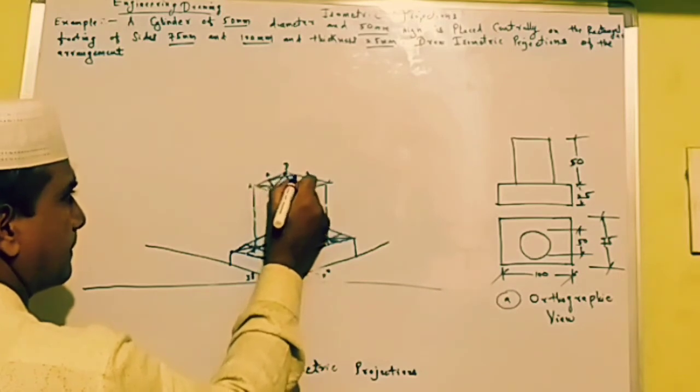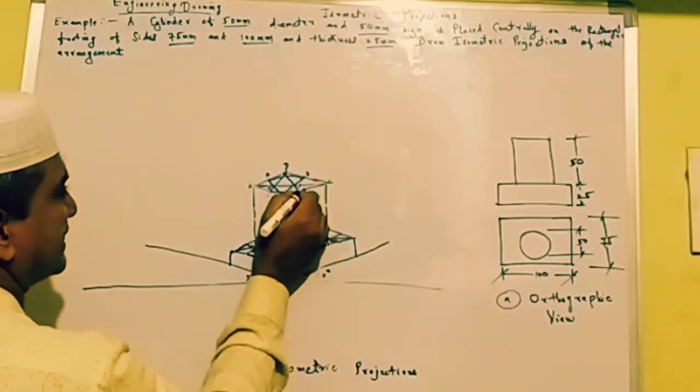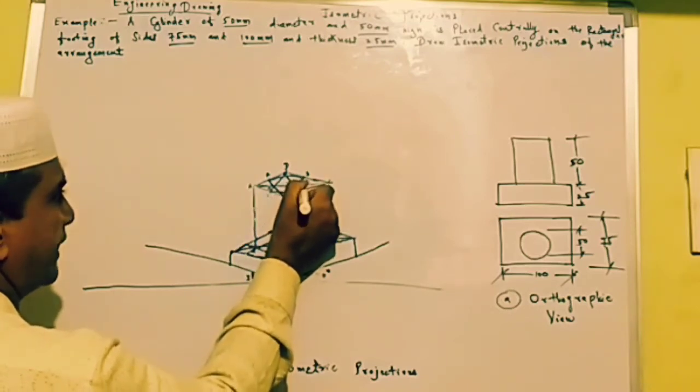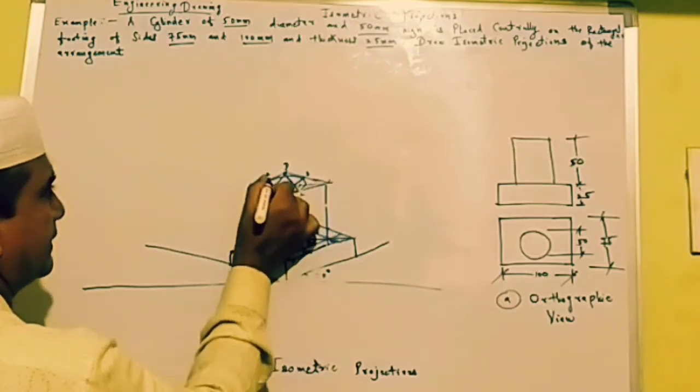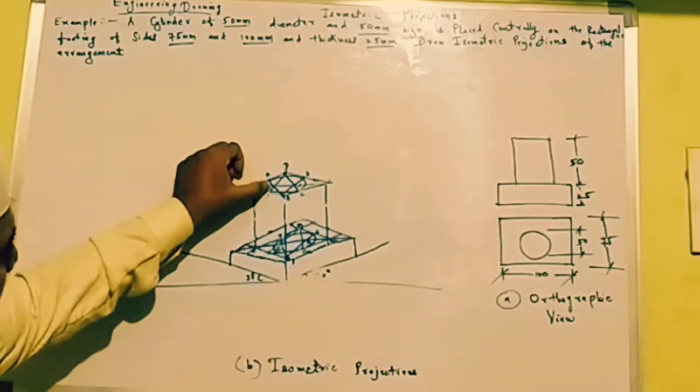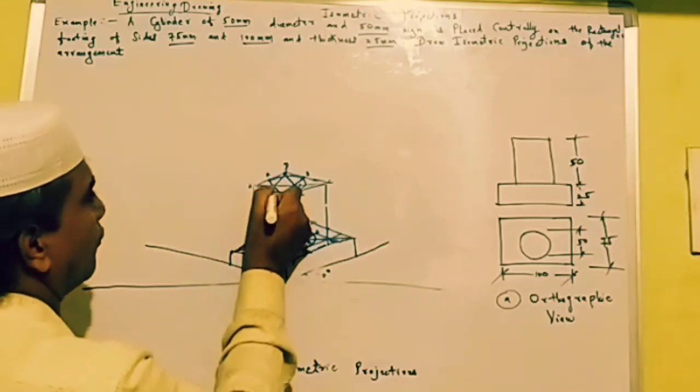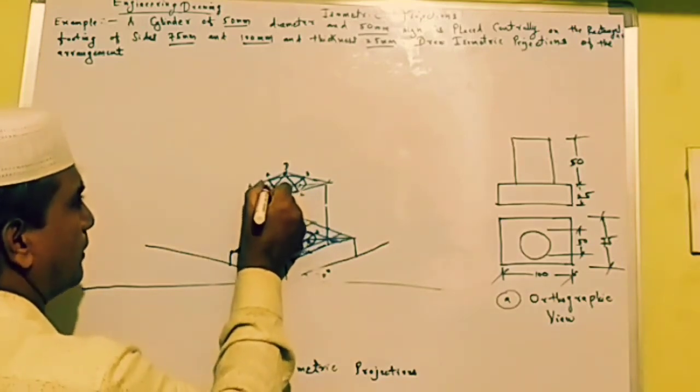With F as center, F2 as radius, draw arc 2, 3. With E as center, E1 as radius, draw arc 1, 4. Finally, now we have to join.